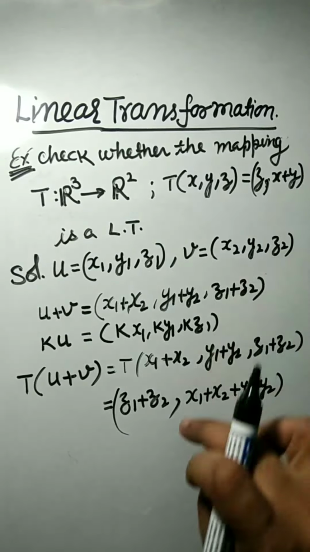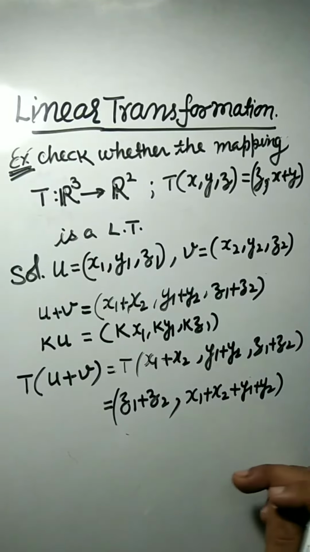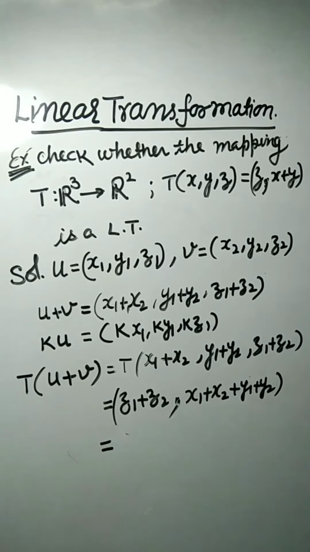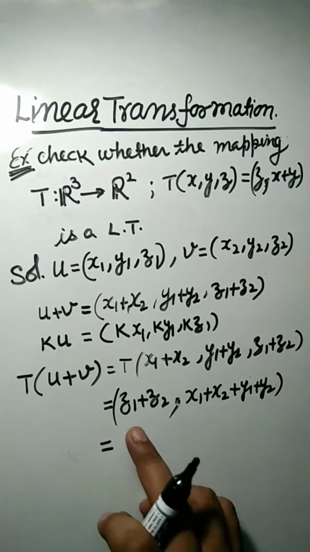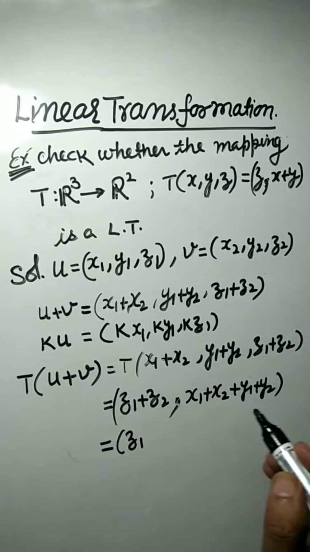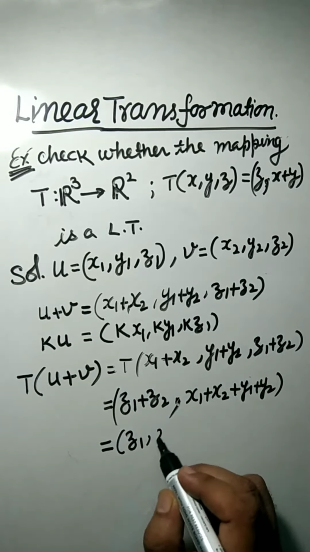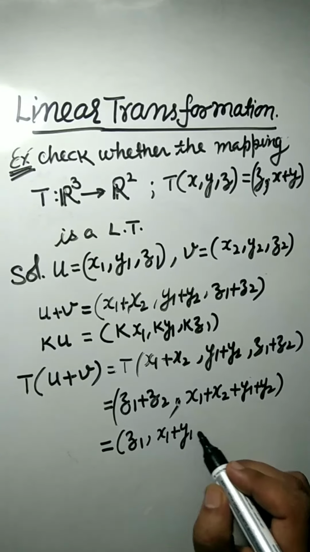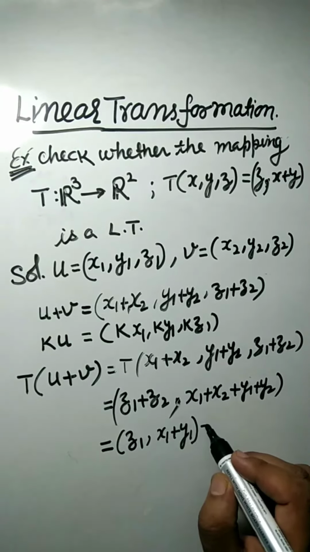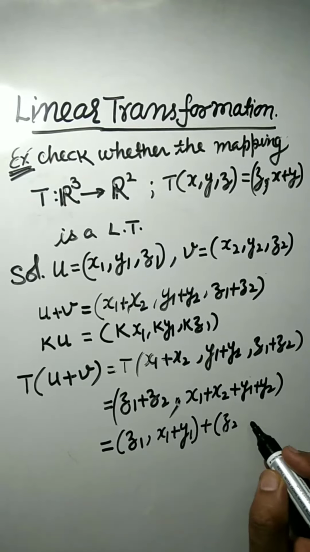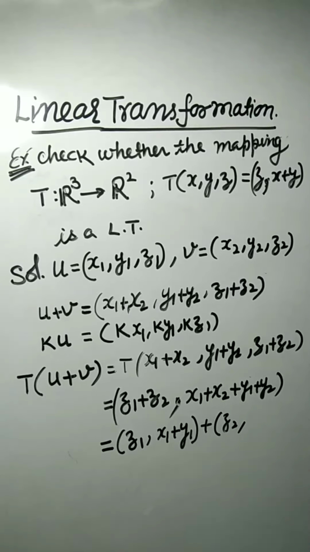From this equation we obtain this one. We can separate the terms. We obtain (z1, x1 + y1) plus (z2, x2 + y2).